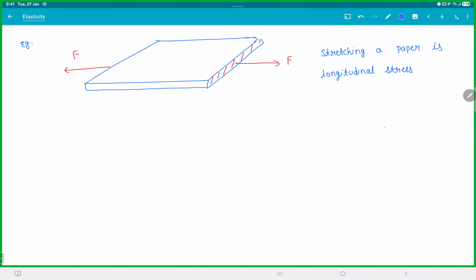But tell me one thing: when you're tearing a paper, what are you doing then? When you're tearing the paper, you are actually applying force on this area. And if you see, the force is this way, it is parallel to the surface.